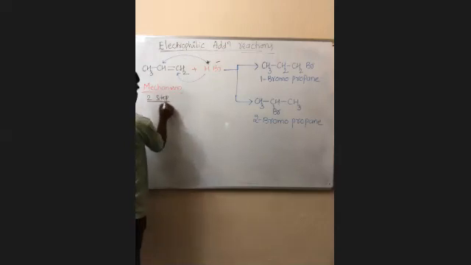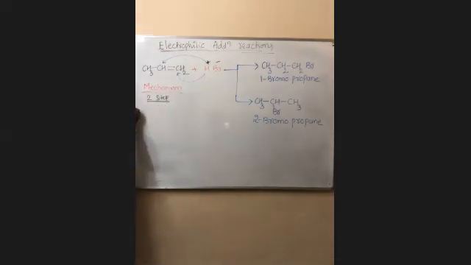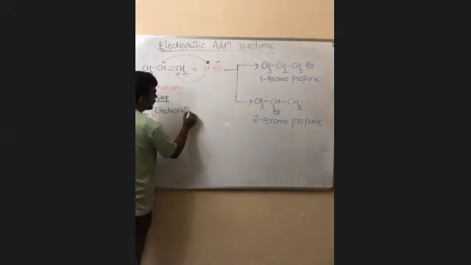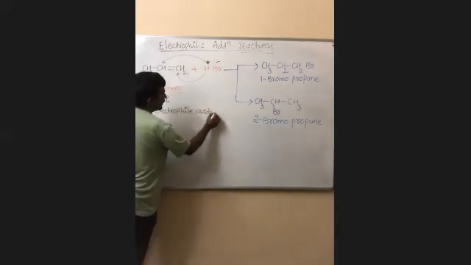Is it clear? Step number one: H plus is the electrophile. Addition of electrophile. Electrophile is added to whom? To one of the double bond carbons, out of the two double bond carbons, either this or this.